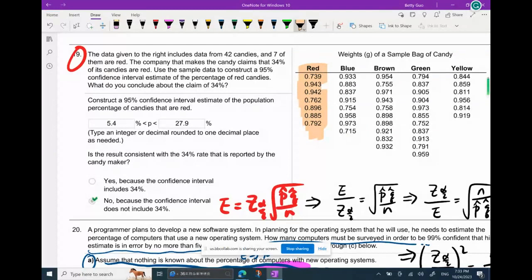Construct a 95% confidence interval estimate of the population percentage of candies that are red. So this is about a confidence interval estimate of the population proportion. First, we need to clarify that.